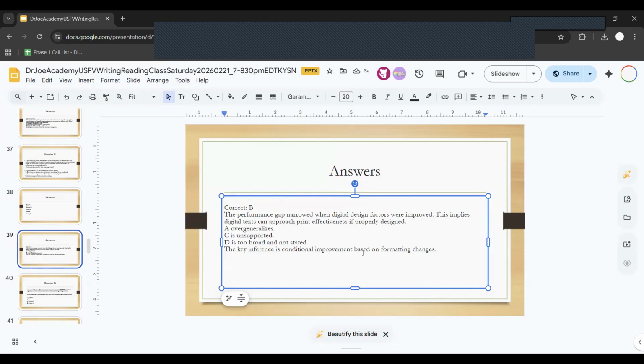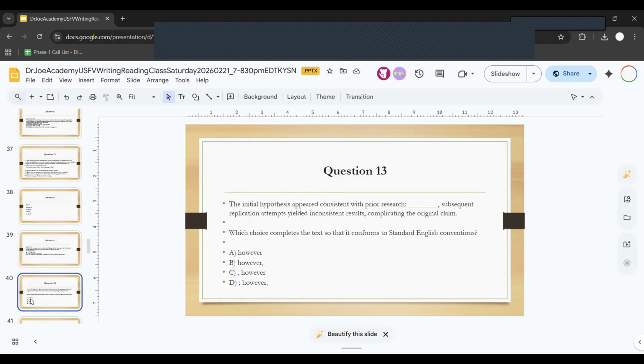The correct answer is B, because the performance gap narrowed when digital design factors were improved. This implies digital text can approach print effectiveness if properly designed. In the case of C, it is unsupported, so therefore it would not be correct.